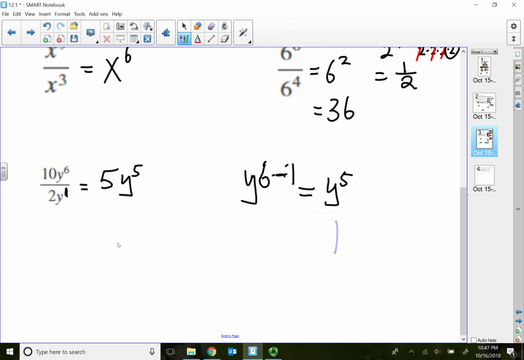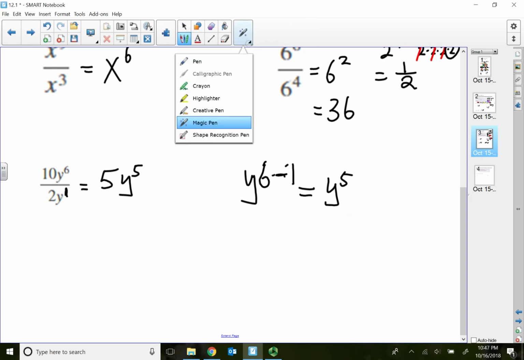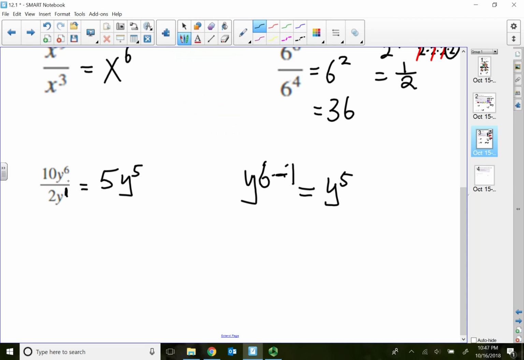Let me give you a quick example here. I'm going to switch the two variables. I'm going to have 10y over 2y to the 6th. Again, for the numerical part, 10 divided by 2 is 5, and that 5 is on the numerator because it's 5 over 1. I have one y on top and six of those y's in the bottom.